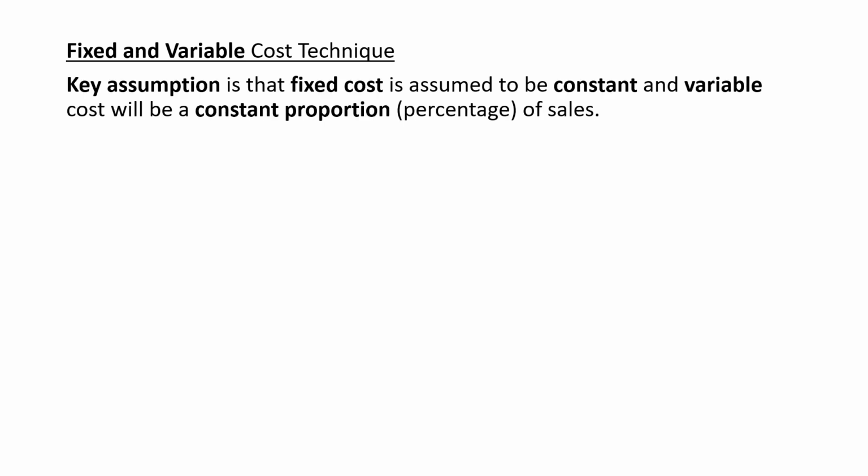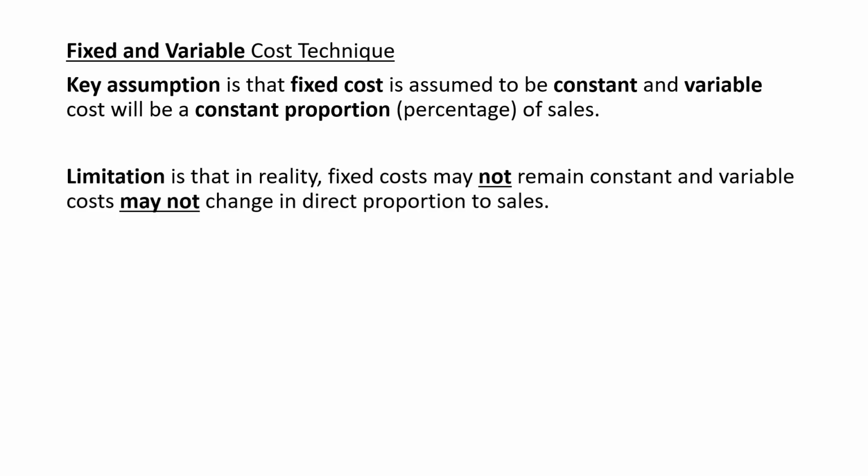Fixed and variable cost method technique. The key assumption is that fixed cost is assumed to be constant and variable cost to be a constant proportion of sales. The limitation is that in reality, fixed costs may not remain constant and variable costs may not change in direct proportion to sales.